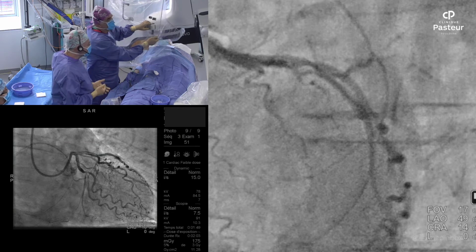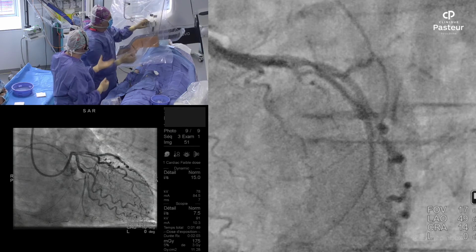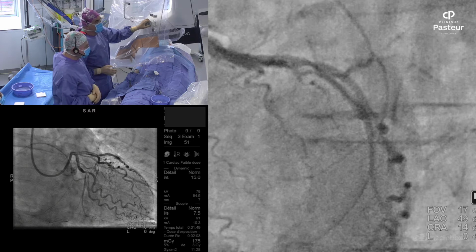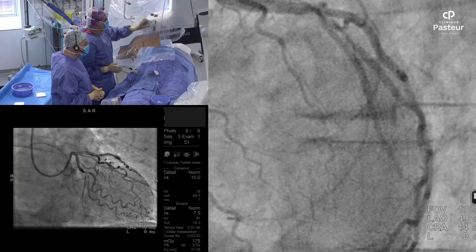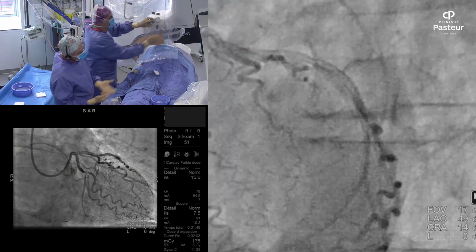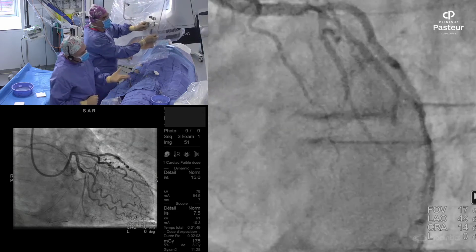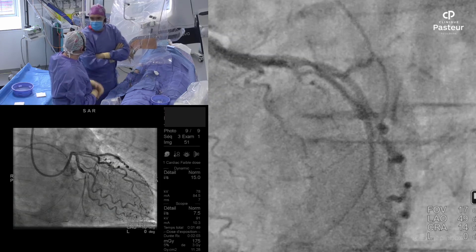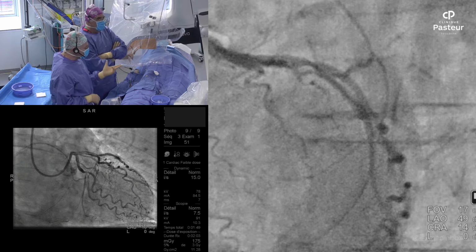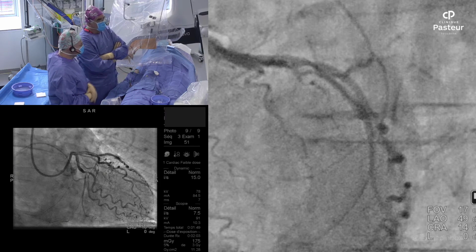Then the next step will be to do a POT at the level of the proximal part of the bifurcation. But if you want to address specifically the size of the stent, I would say it should be a 2.5, and then we need at least a 3.0 with a 3.25 at the proximal level.